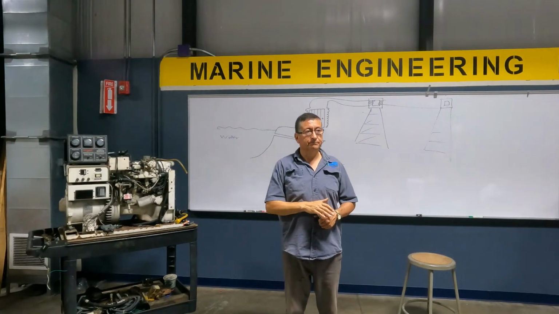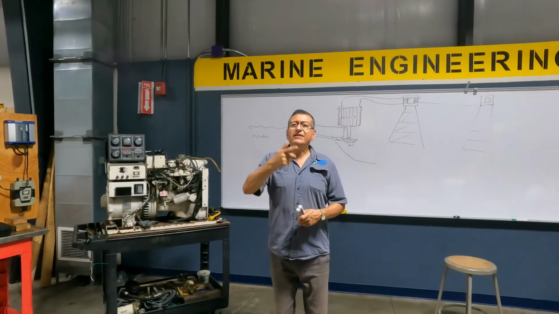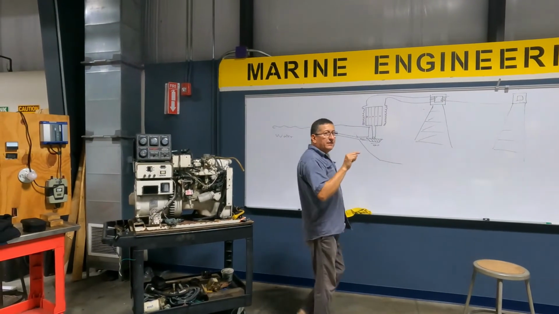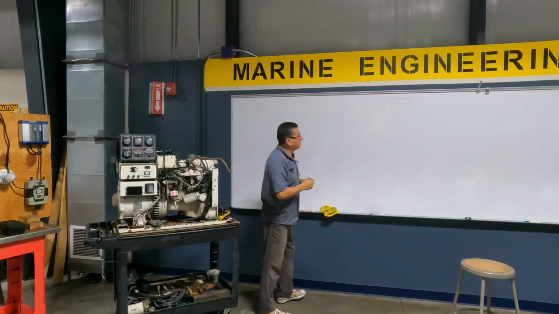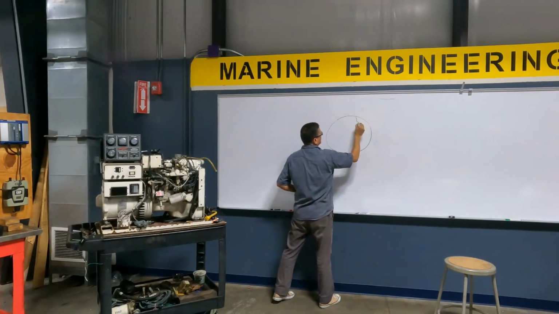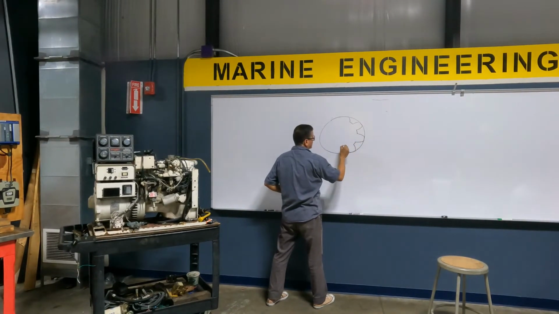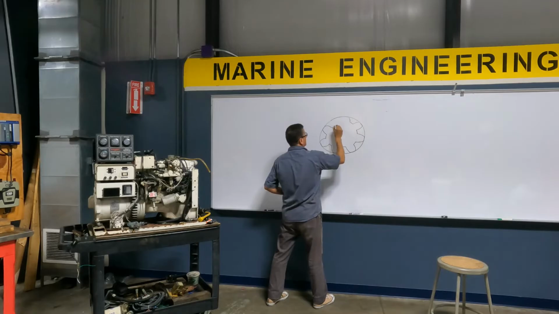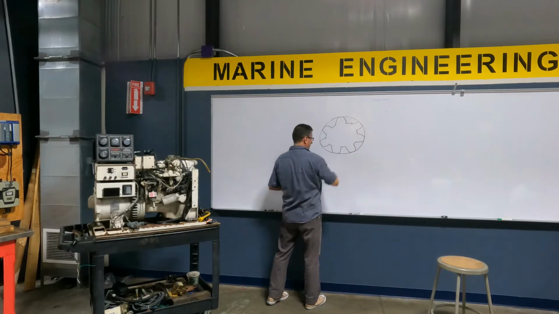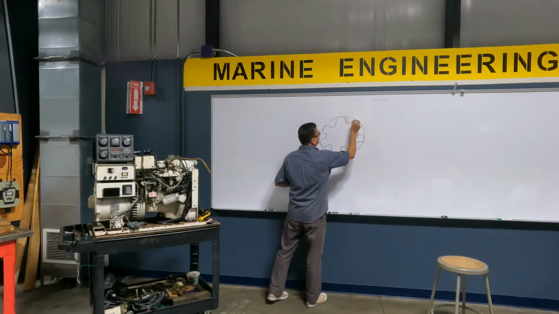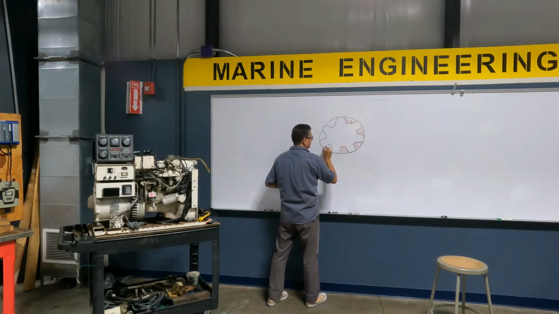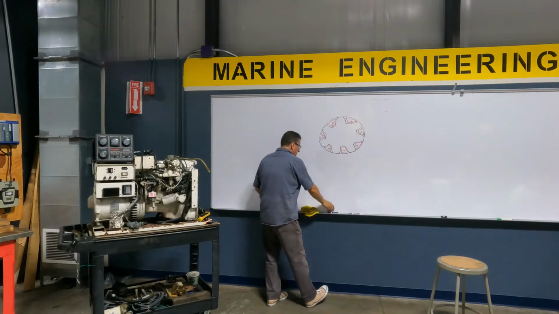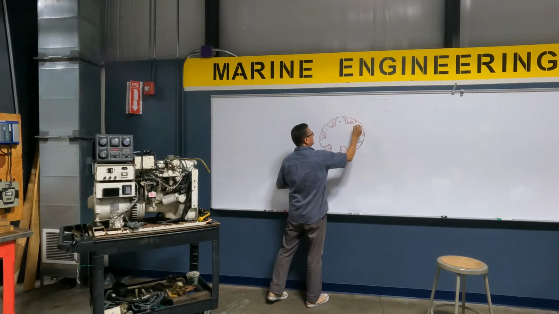AC current. How is the shape of the wave in AC? We are going to simulate the rotor. And this is positive, and the other ones are negative, negative, negative.